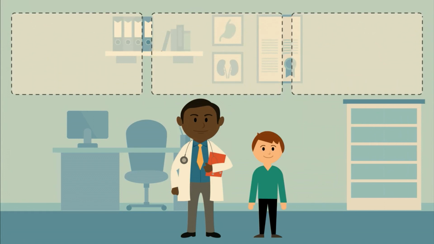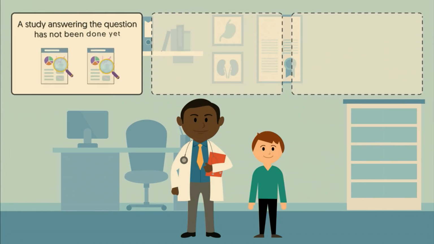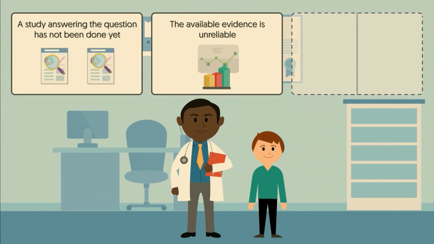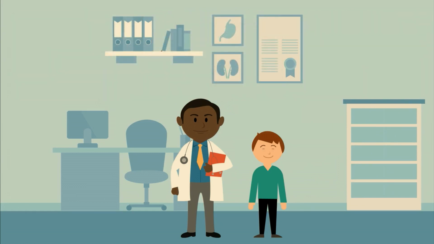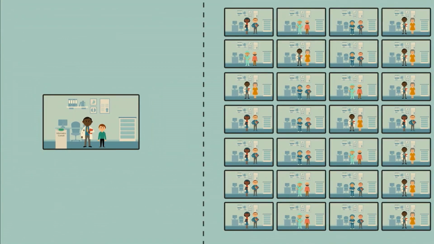Physicians often face such uncertain situations for many reasons, such as a study answering the question has not been done yet, the available evidence is unreliable, or the evidence does not apply to their patient. In such situations, wouldn't it be amazing if physicians could leverage the experience of millions of past patient encounters instead of relying on anecdotal experiences or input from colleagues?